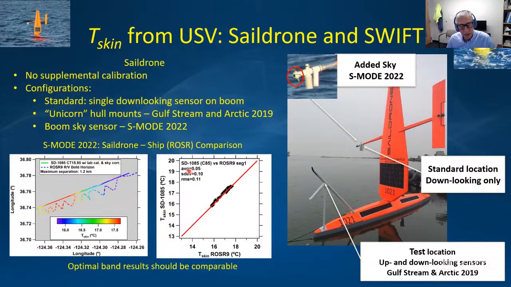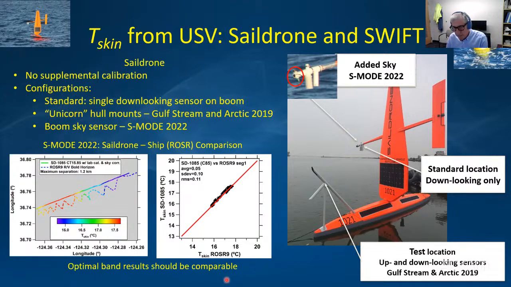The average is a little bit larger, but this shows real promise, I think, for using these effectively uncalibrated sensors from a USV if you take the care to make sure they're stable. And then the optimal band results should be similar from a USV.